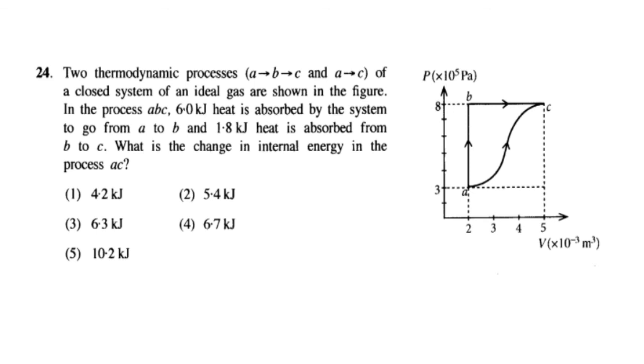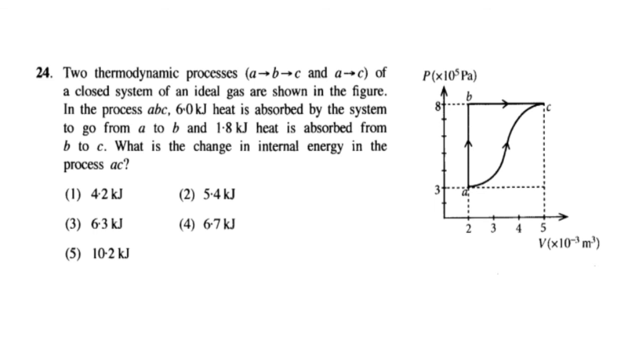So 6 plus 1.8 equals delta U plus delta W, where delta W is the work done by the system. That can be found by P delta V. P is 8 into 10 to the power 5. V is 5 minus 2 into 10 to the power minus 3, which is equal to 2.4 kilojoule.